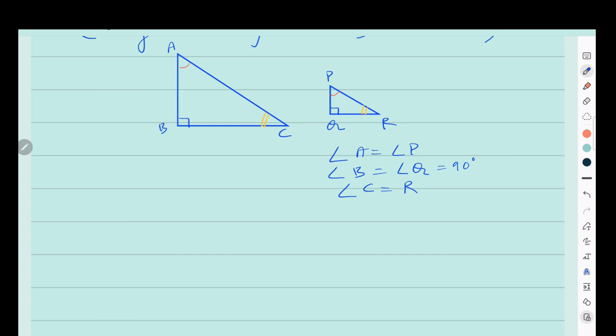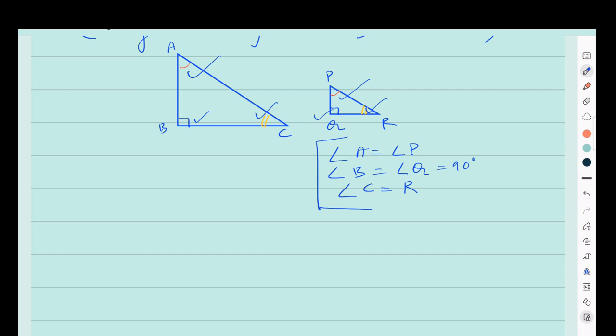So all these three angles are the same. This is equal to this one, and this one is equal to this one. So that is the basic condition of similarity for any triangle.